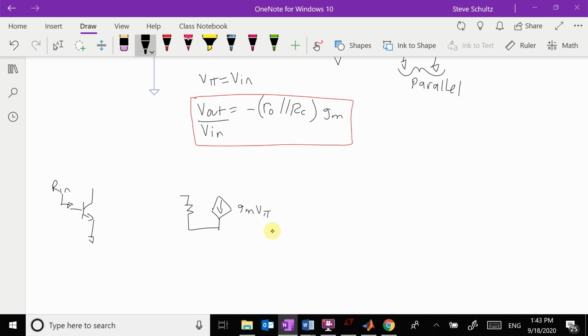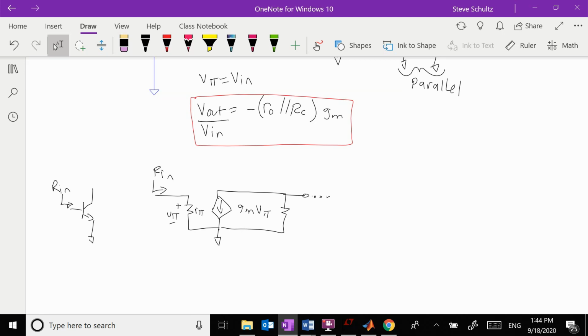GM V pi, this is my V pi and my R pi. My emitter is ground. I have something connected up here, so we're going to put a dot, dot, dot, and I'm looking in here for my R in.